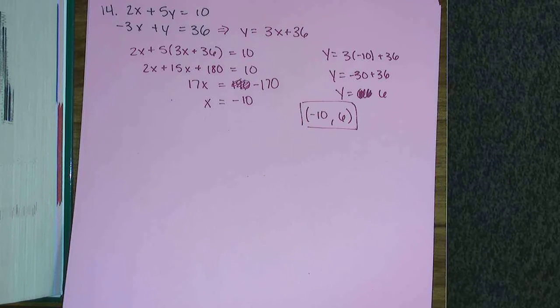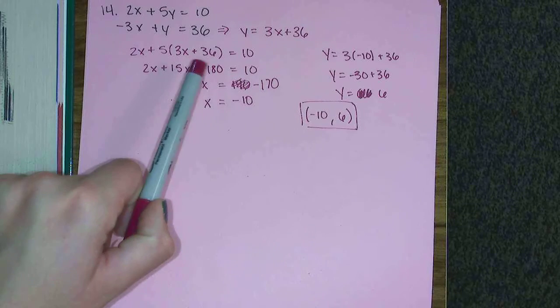You end up getting x is negative 10, then plug that back into the modified equation and getting y is equal to 6. If you can't tell, I had 17x is equal to 190, and I was like, that doesn't work, because I forgot to subtract it. I just was like, oh, 180 and 10.